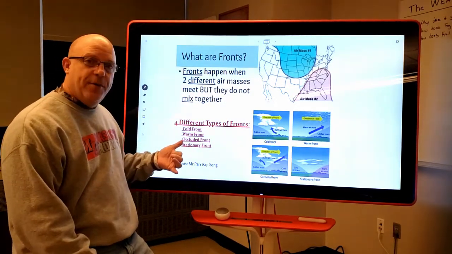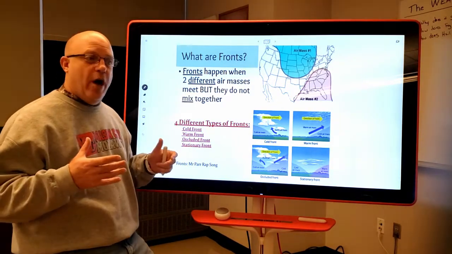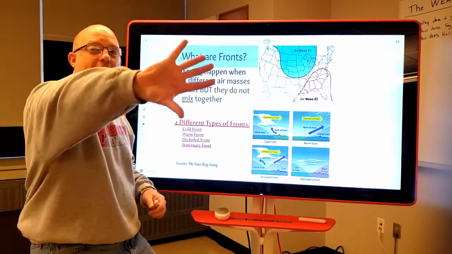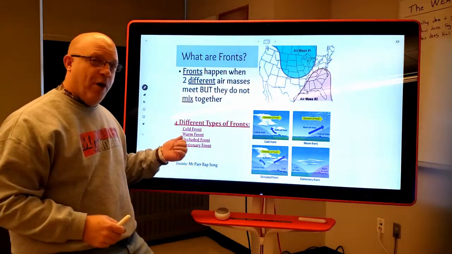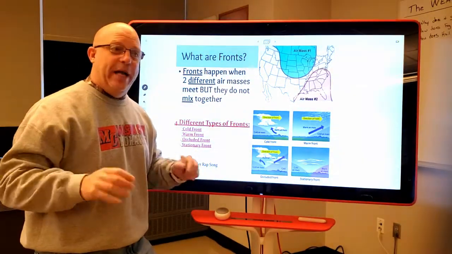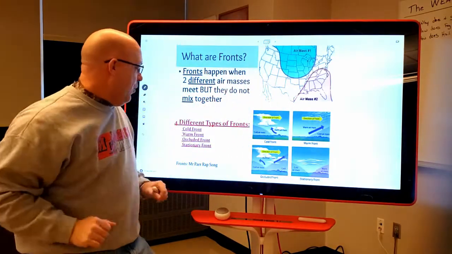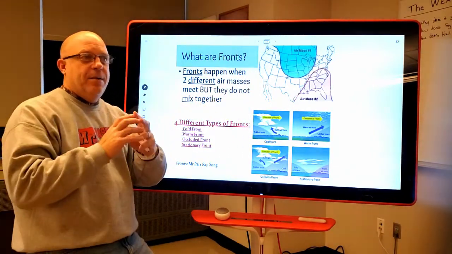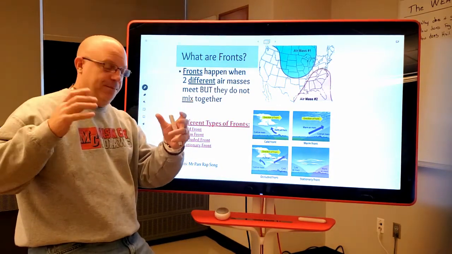A cold front is where cold air is winning. It's pushing the warm air backwards. You have a warm front. That's where the warm air is winning and pushing the cold air backwards. You have an occluded front, which is where they're kind of pulling apart from each other.